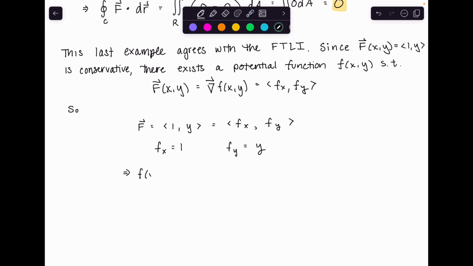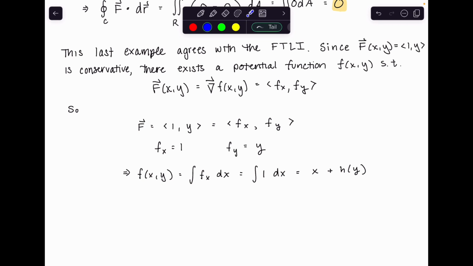So my function is going to be the integral of the partial with respect to x, with respect to x. So we're going to integrate 1 with respect to x, which just gives us x. Okay. But again, normally you get a plus C, but in this case, because I'm dealing with a multivariable function and I integrated with respect to x, in turn, I really end up with a function of y.